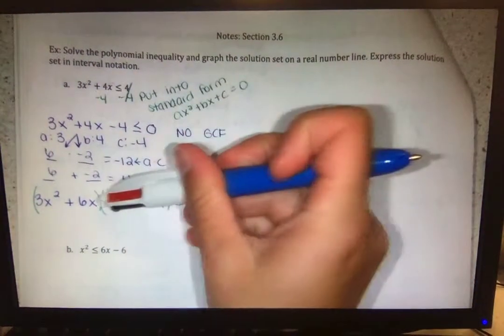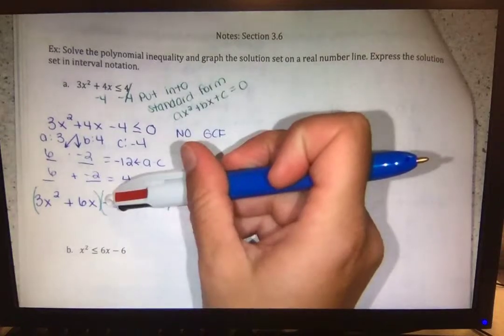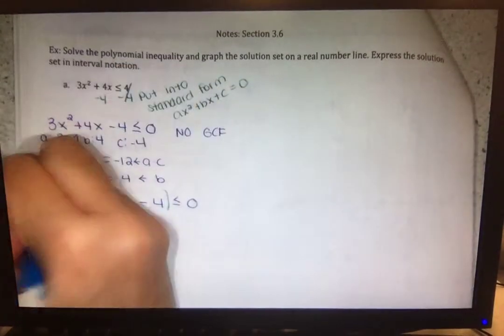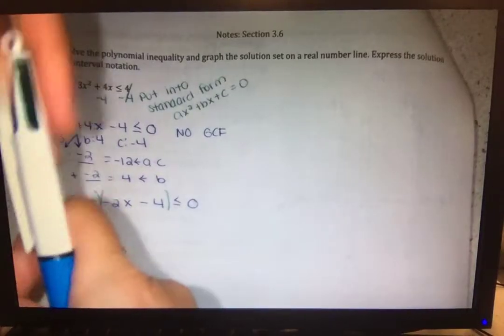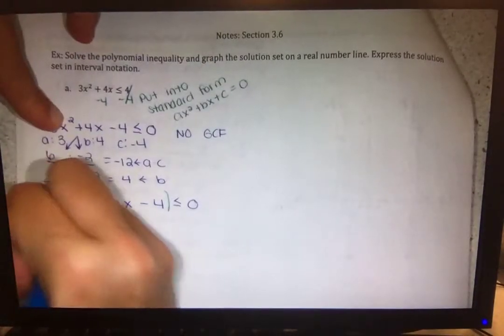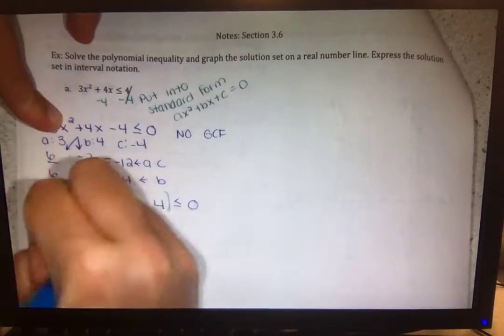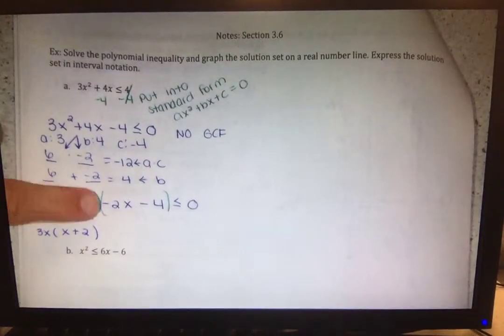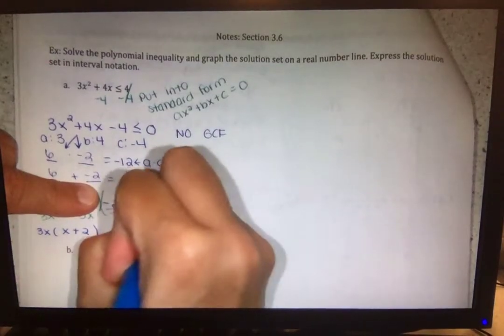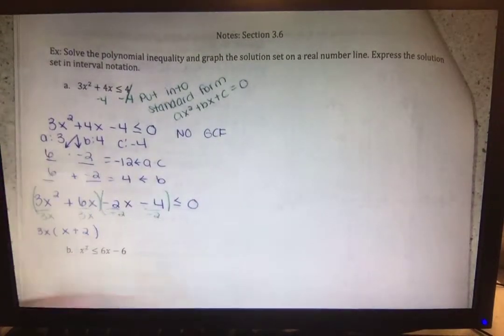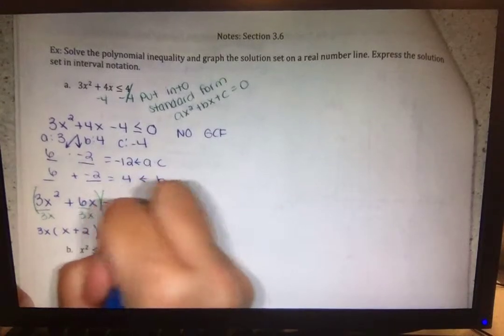Looking at our first two terms, 3x squared plus 6x, GCF, 3x. Taking out that 3x, we're left over with x plus 2. Looking at our next two terms, negative 2x minus 4, GCF negative 2. Dividing out negative 2, we're left over with x plus 2.